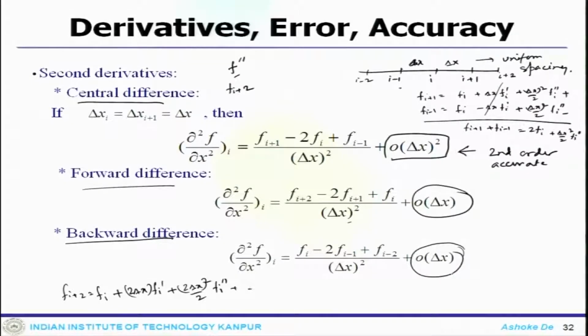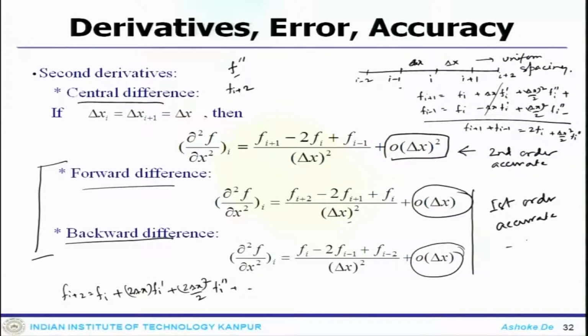So, irrespective of the stencil, for first derivative or second derivative, whether you use a 3 point stencil or 2 point stencil, forward and backward difference schemes are always first order accurate.